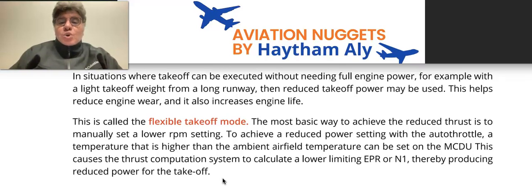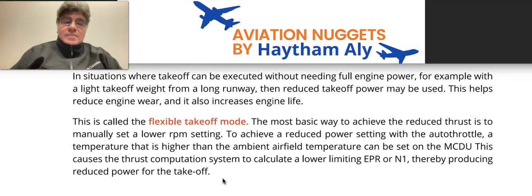Okay, everybody? So the engine power will be less. Maybe you will take off from a very long runway with a lower load, no payload, no passenger, a ferry flight. In all these cases you need to accomplish a flexible takeoff mode.